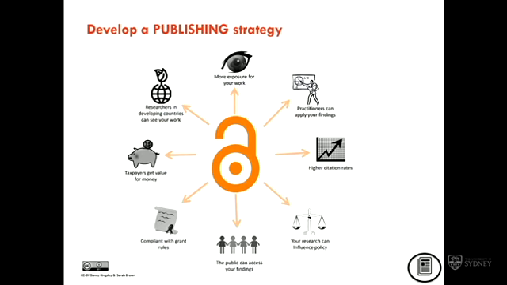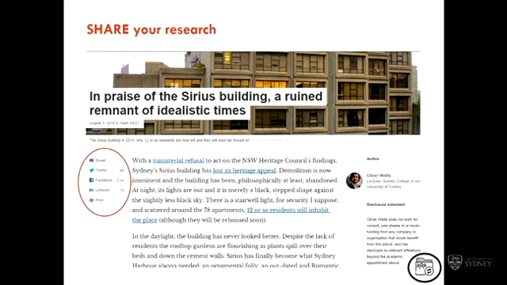And I'll also give a plug that there's an upcoming authors' rights and open access quick bite that you might be interested in as well. The slide just shows you some of the benefits that you can get from publishing in open access. So higher citation rates, and specifically the public getting access to your findings. So getting out from behind a paywall.